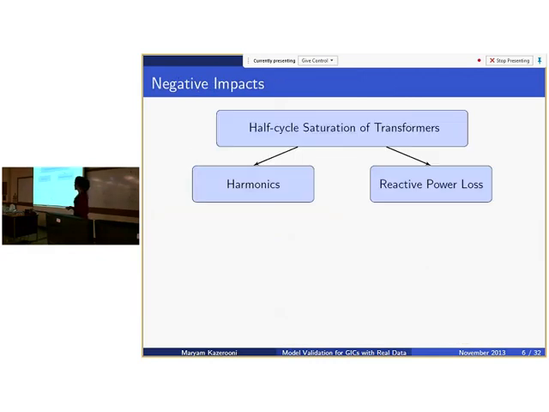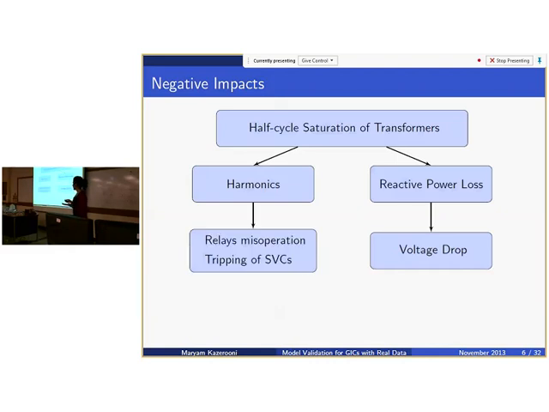So how does half-cycle saturation of transformers affect the network? We said that half-cycle saturation increases the harmonics and the reactive power loss. Now, in power systems, reactive power is coupled with voltage. So when we have a lot of reactive power loss, the voltage will drop. On the other hand, we have static VAR compensators, or SVCs, to provide reactive power for the network and compensate for the reactive power losses. These SVCs are connected to the network through relays which are sensitive to harmonics.